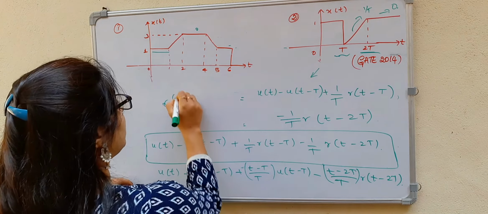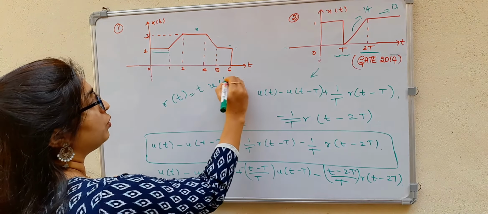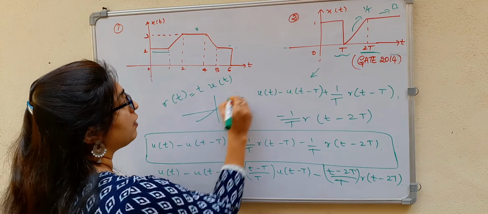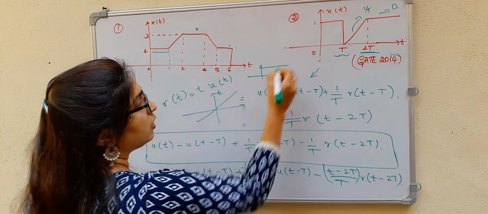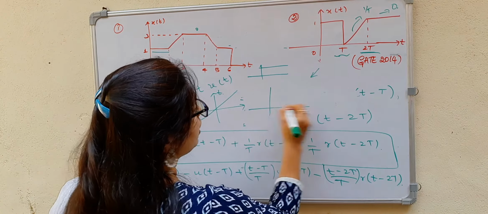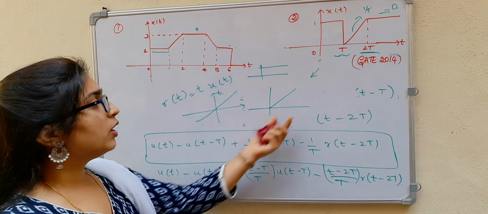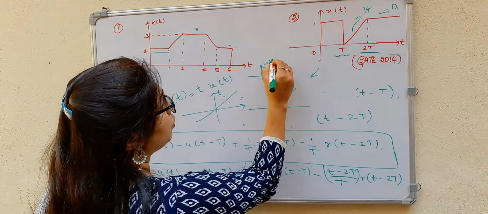Because you know the ramp function r of t is equal to t into u of t. That means if you have the function t and you multiply it with u of t, then you get only the positive part, r of t. So we can write r of t as t into u of t.